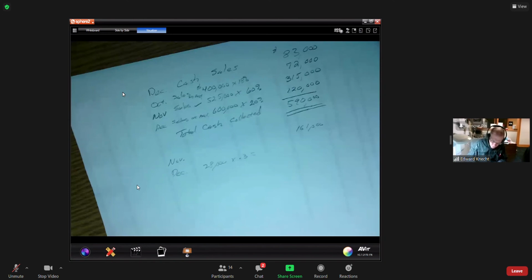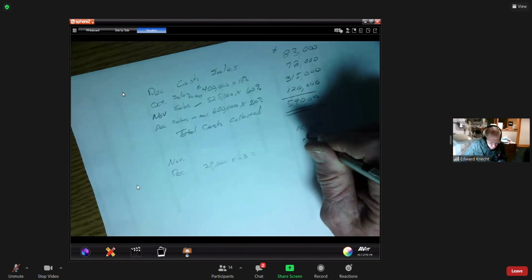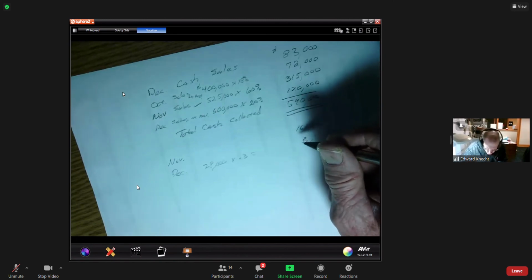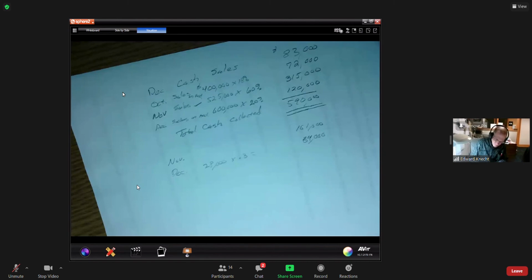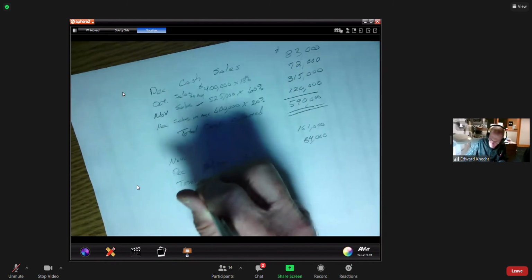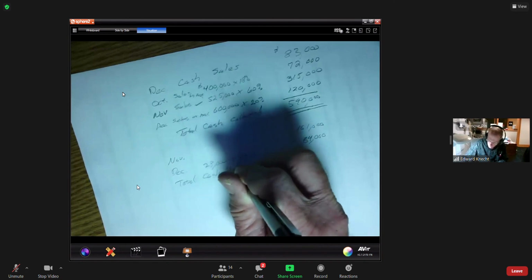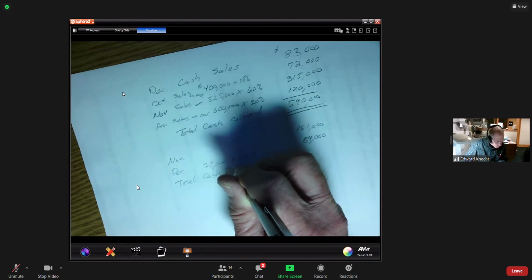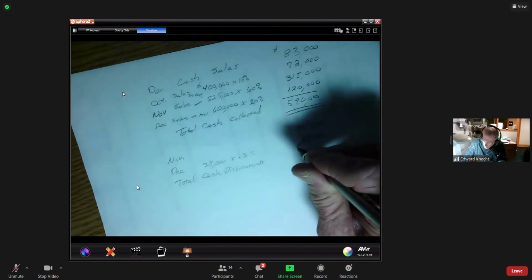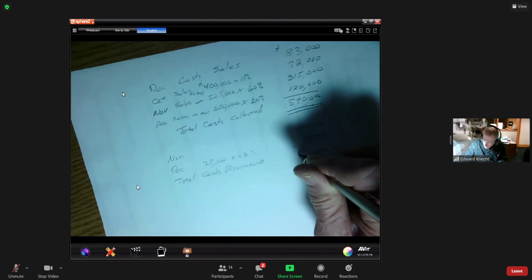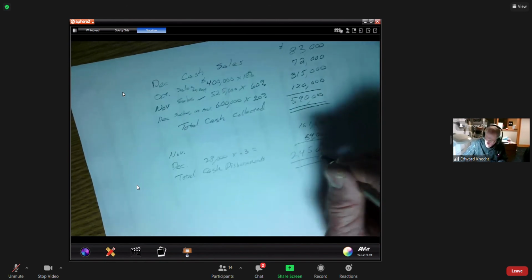So 280,000 times 0.3, you get 84,000. And then our total cash disbursements for inventory, just add them together: $245,000.